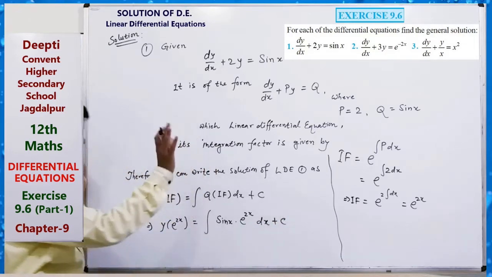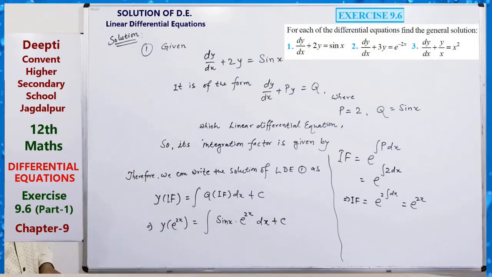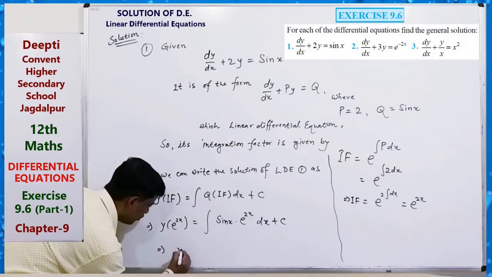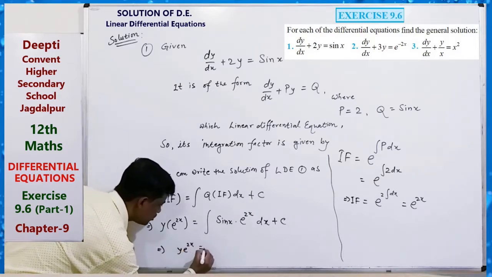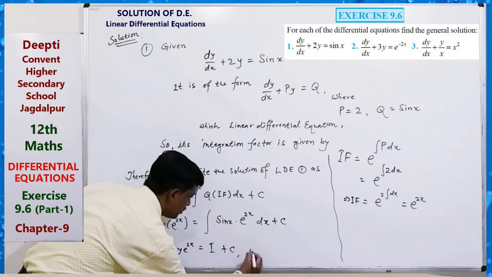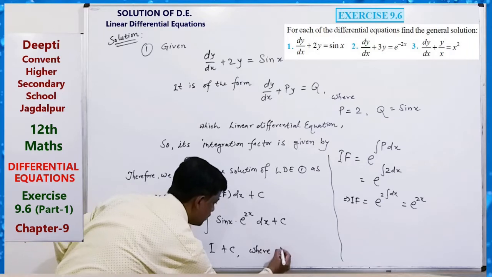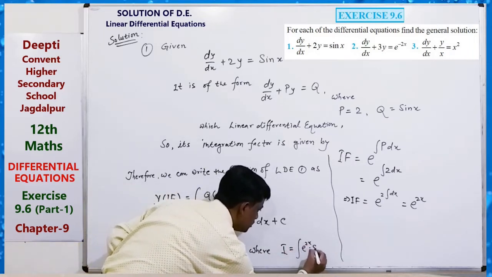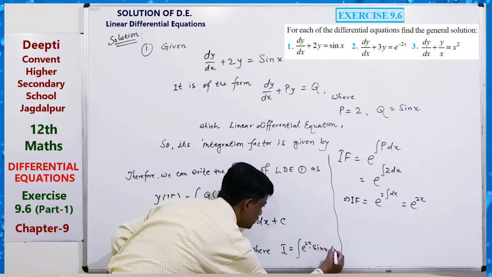So this is the solution. For finding the value of this integral, just write, suppose y e to the power 2x equals I plus C, where I equals the integration of e to the power 2x into sin x dx.